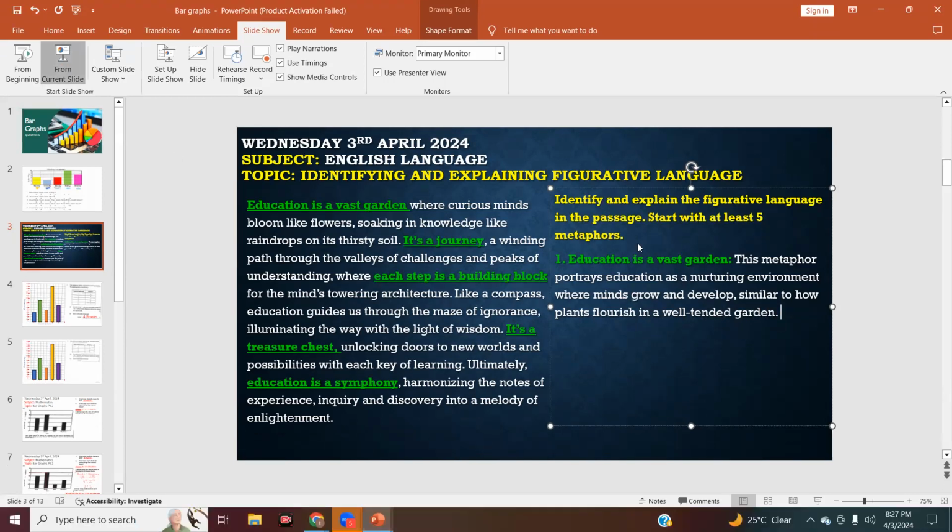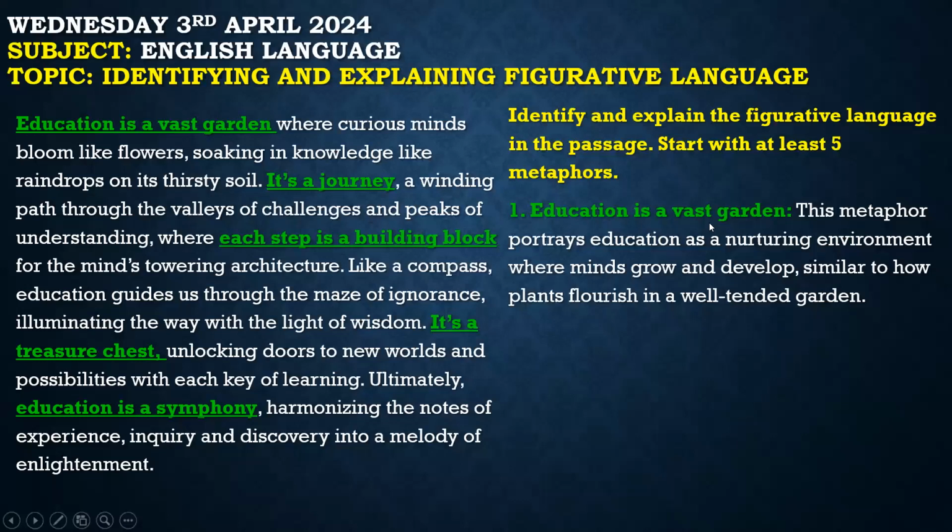Okay. Paul, can you read the first explanation? Education is a vast garden. This metaphor portrays education as a nurturing environment where minds grow and develop, similar to how plants flourish in a well-tended garden. Very good. And Angel, can you read this explanation for education as a vast garden?